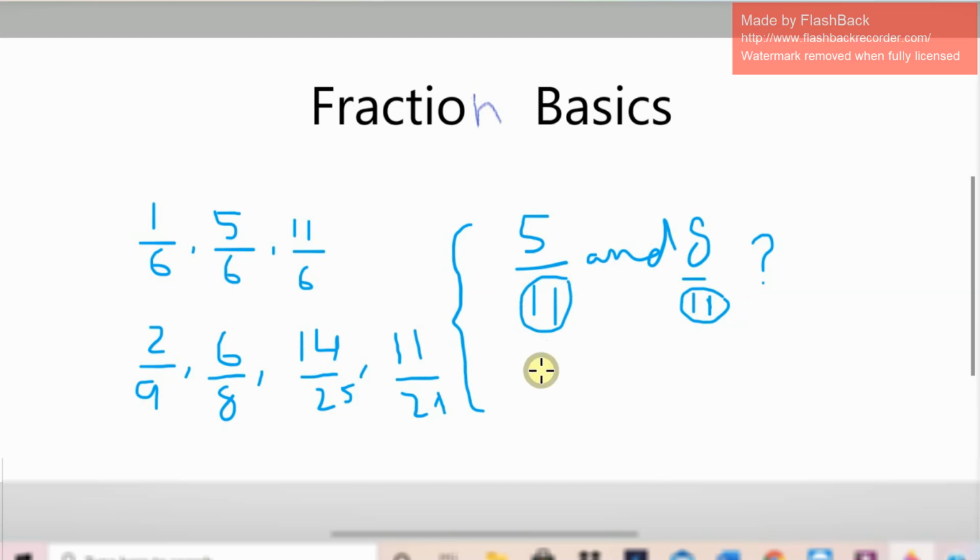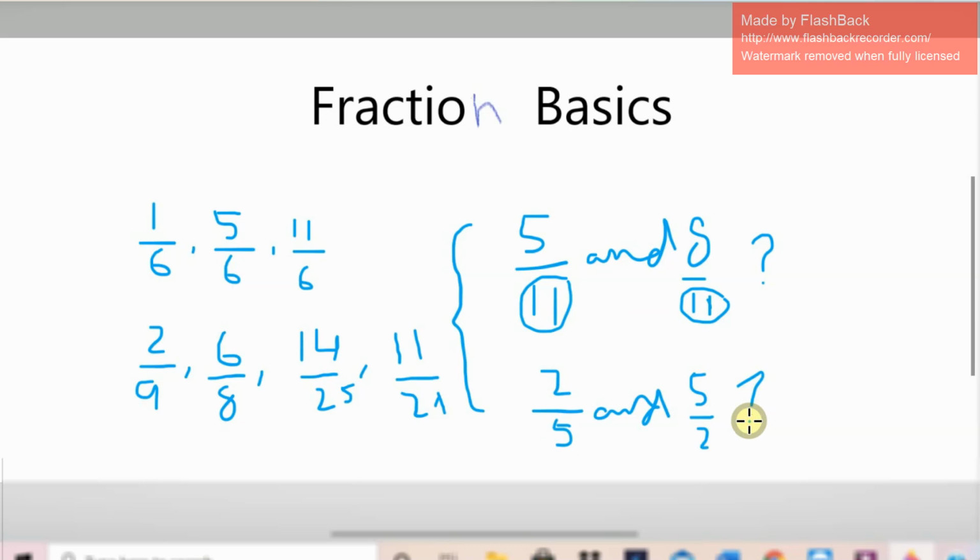One more example, 2 by 5 and 5 by 2, or 5/2. Is this a similar fraction?